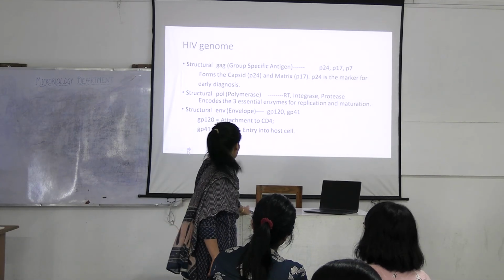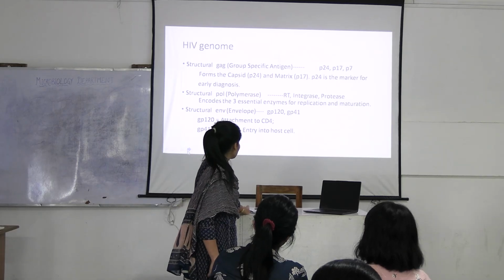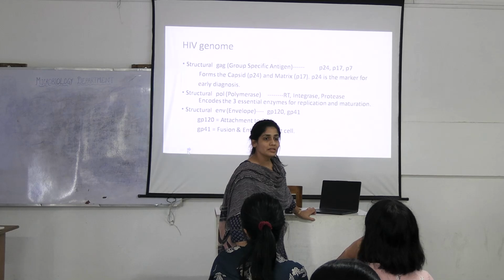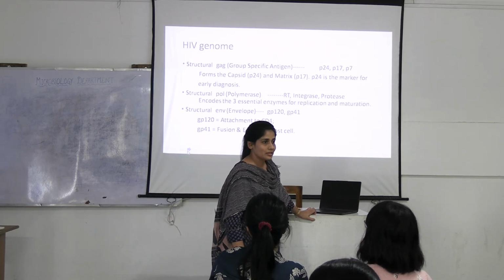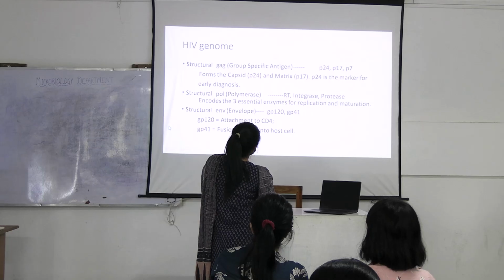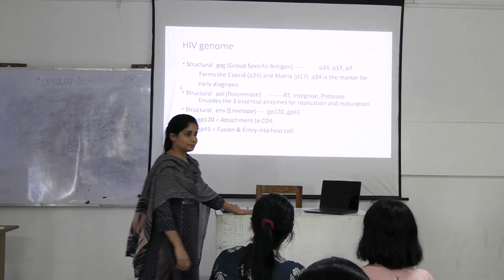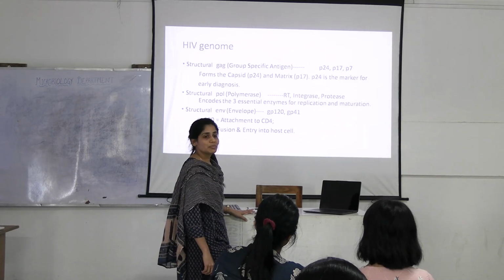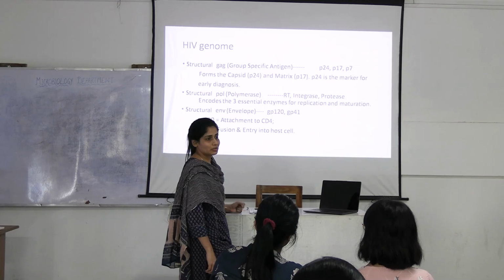And then there are non-structural genes. 3 of them are necessary, 3 of them are accessory. But looking at the structural genes, the GAG genes are responsible for what? P24, P17 and P7. Out of this, P24 is useful in detection in the window period.